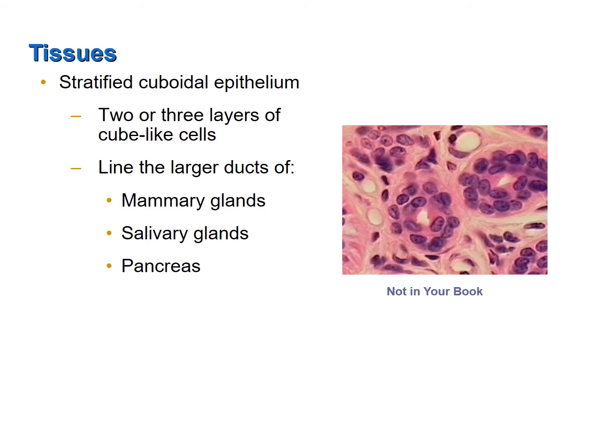I also want to correct something in your book. In your book, stratified cuboidal epithelium is considered the same as transitional epithelium. I have consulted at least 3 other anatomy and physiology books, and they do not consider stratified cuboidal epithelium and transitional epithelium to be the same tissue type.